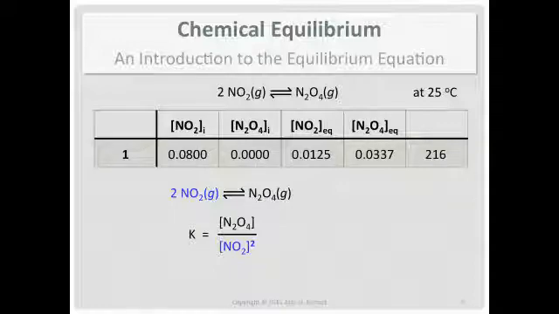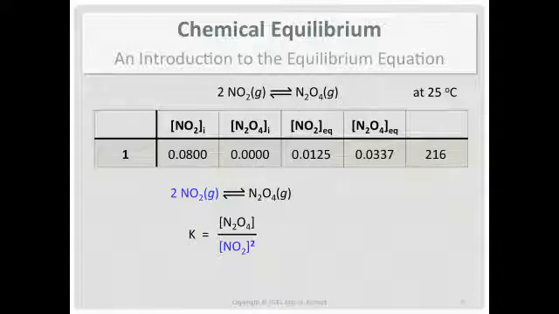Equal rates, forward and reverse, and the idea of a reversible reaction. And we're thinking of it as an elementary type step in this context. But you don't have to know that in order to set this up. Products over reactants, and you use the coefficients when you write it out.